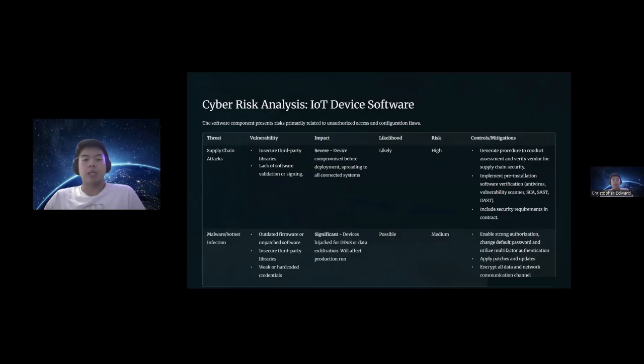The first one is supply chain attacks. This occurs when insecure third-party libraries or unverified software updates are introduced before deployment. This could compromise not only the IoT device, but the entire network it connects to.